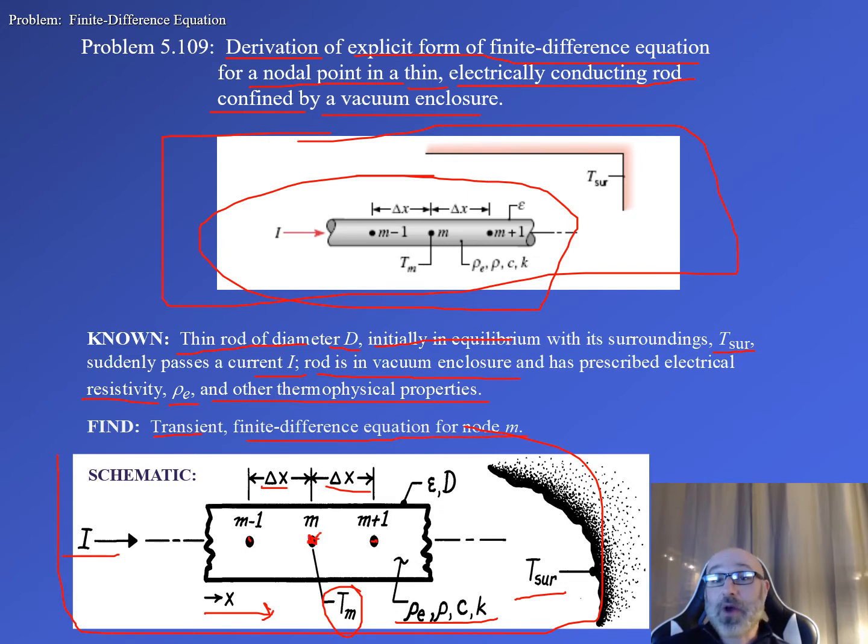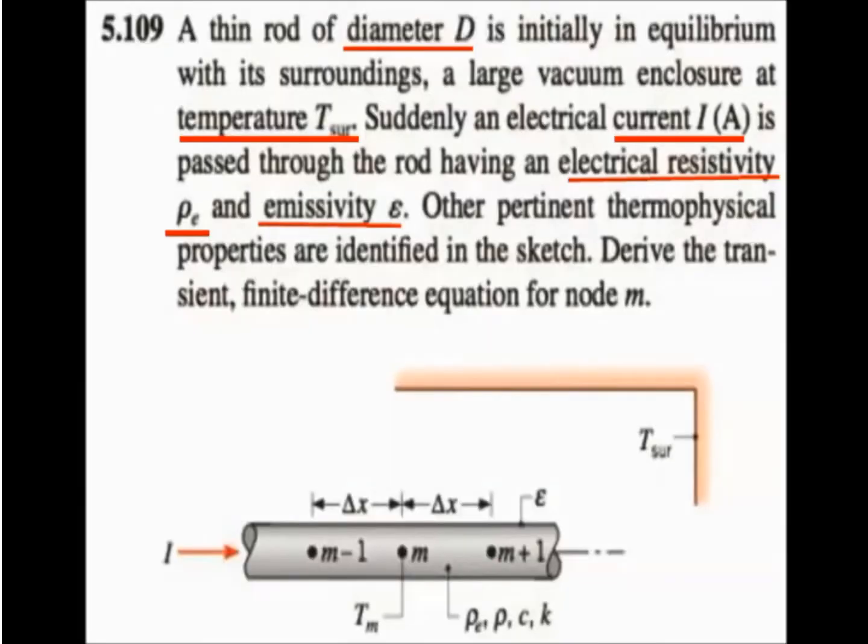So now let's go through our hand solution for this problem. We're now going to take a look at example problem 5.109. In this problem, we have a thin rod with a known diameter D that is initially in equilibrium with its surroundings.